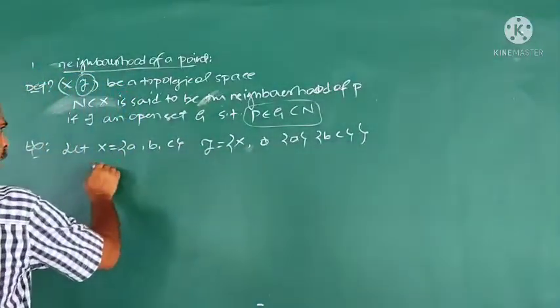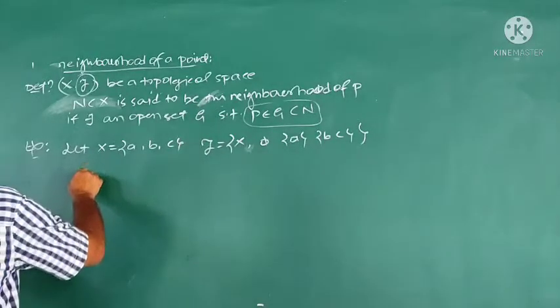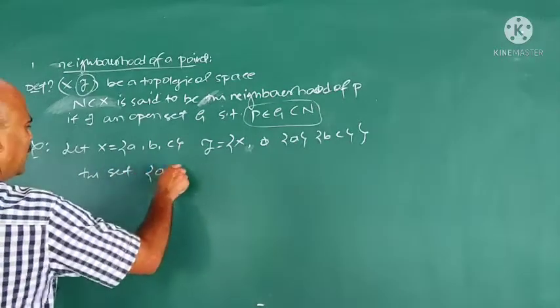Now, what is the neighborhood of the point? I take this set AC. What is AC?